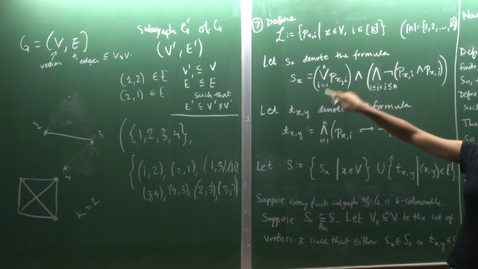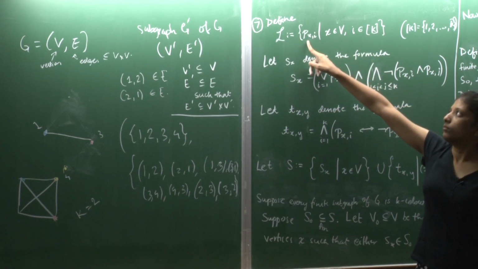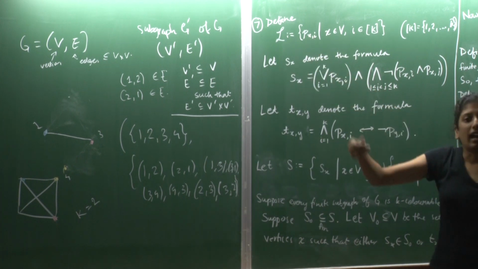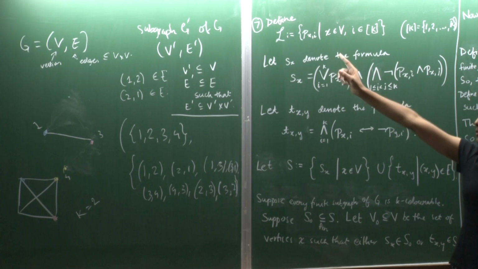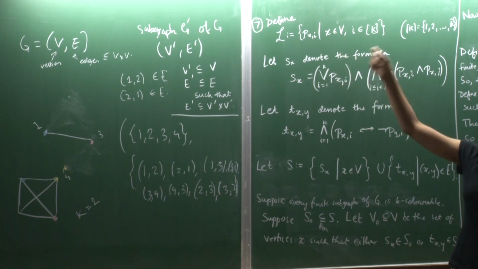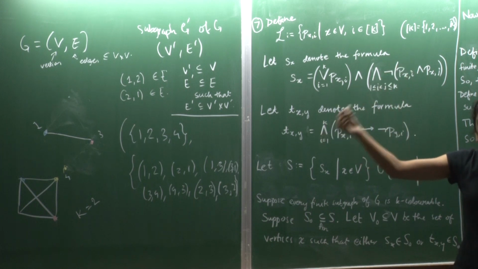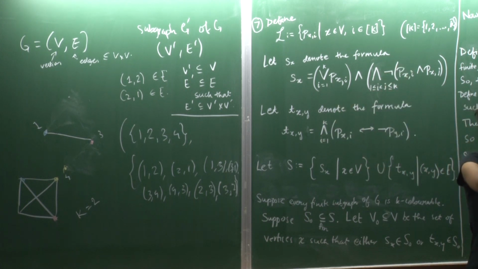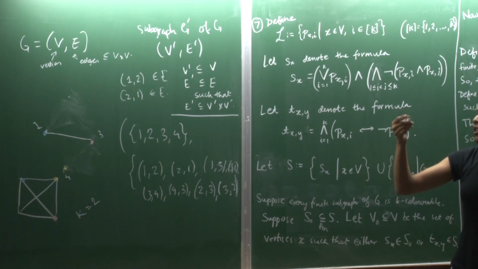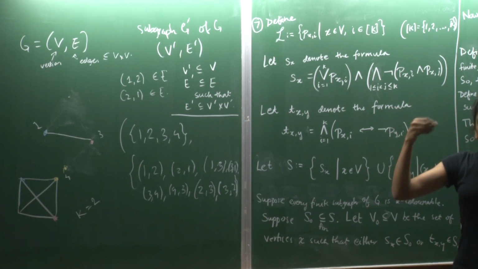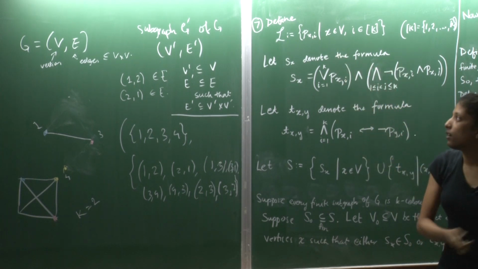I haven't written the meanings of this because most of them are in the question, but what Pxi intuitively should denote to you is, when you define a valuation, if Pxi is true, that means that you're assigning the color i to the vertex x. And if it's false, then you're not assigning that color. So that's the meaning of that Pxi that you should keep at the back of your mind.